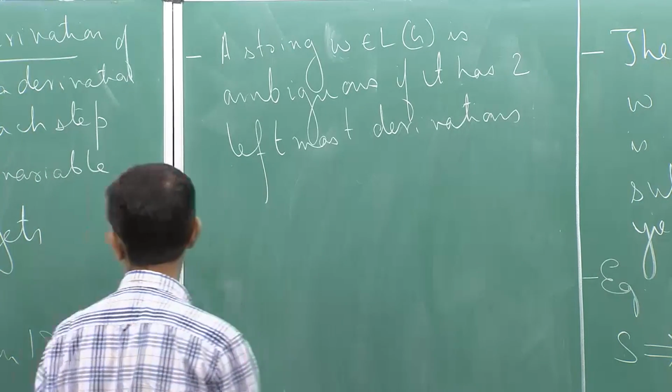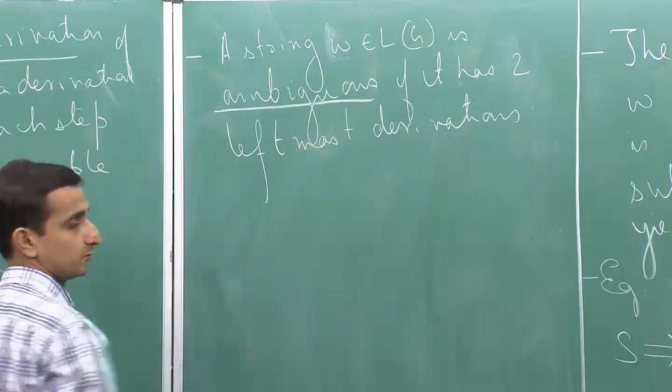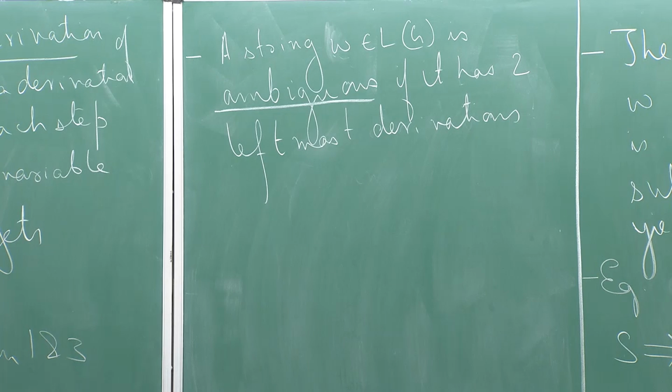So we say that a string is ambiguous if it has two leftmost derivations. You can see that this string is an ambiguous string with respect to this grammar.